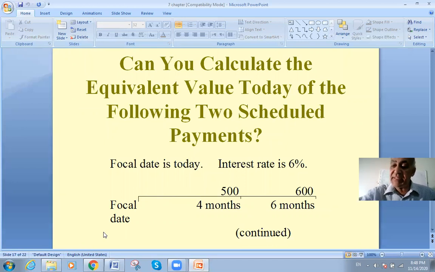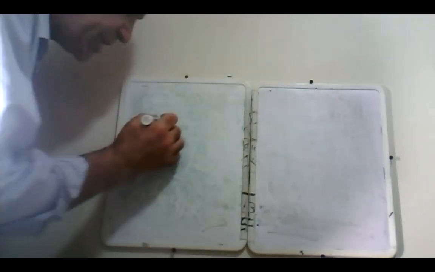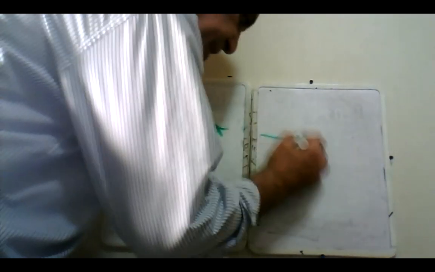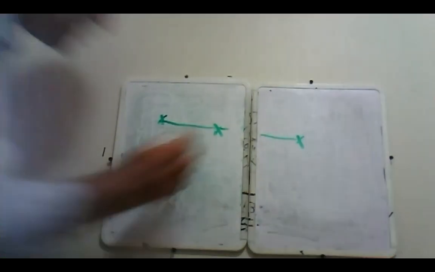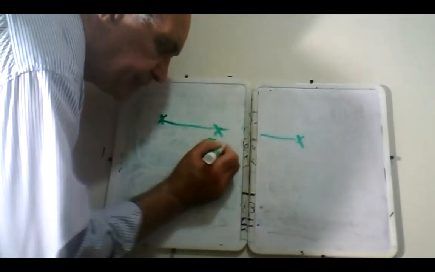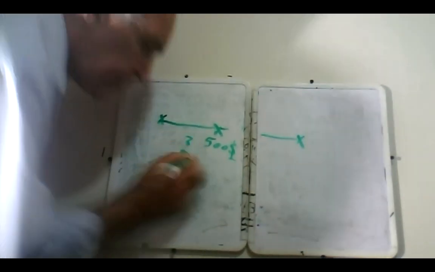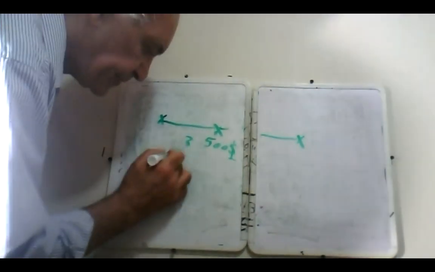Let me explain it on the board. I will stop sharing and explain it on the board. What do we mean by this example? Here, if this is the focal date and this is the first amount, let's say the first amount is $500 and the time is 3 months.